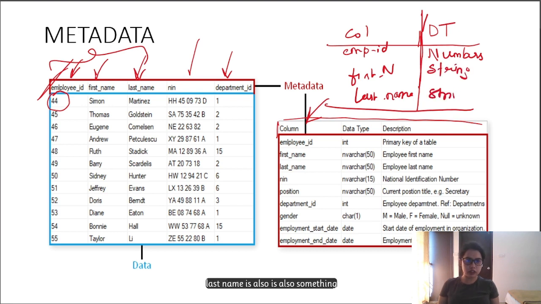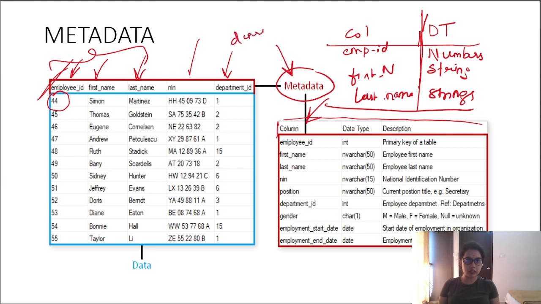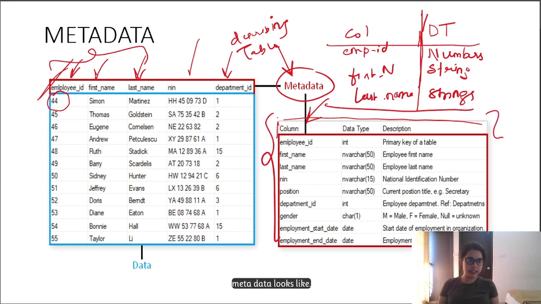And last name is also something like string, right? So our table data also has some metadata. Metadata is nothing, it is just describing what type of data our table holds, right? So this is what metadata looks like.